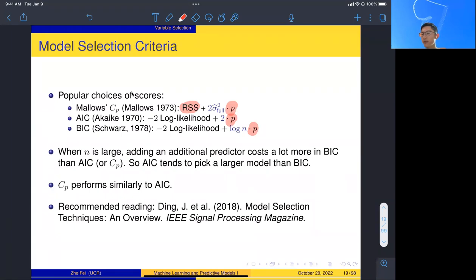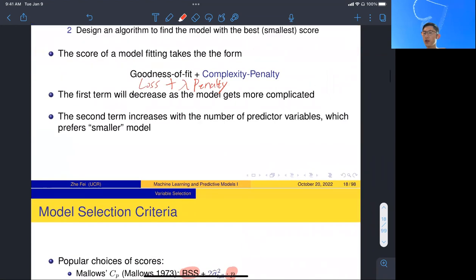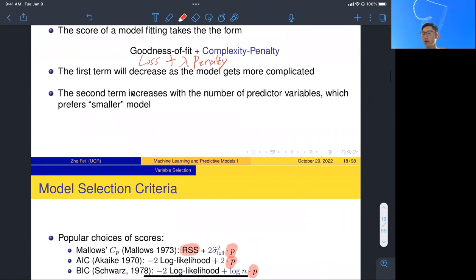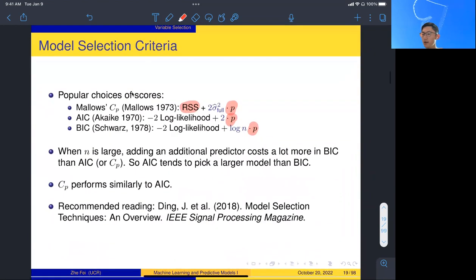So P is a measure of model complexity here, and we might use a different multiplier in front of it to distinguish the different criteria. All of these criteria follow the general formula that we proposed. There may be some differences in real world applications, but the idea behind them is the same.